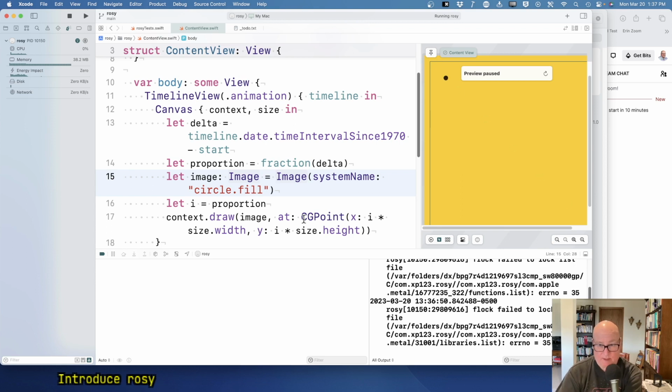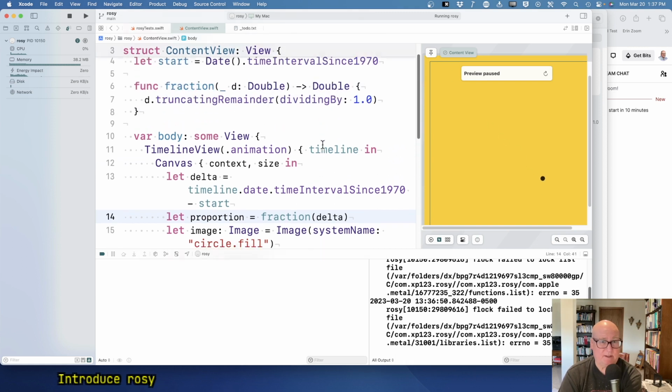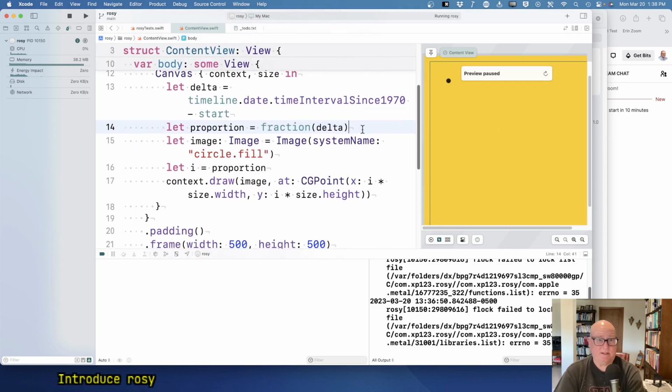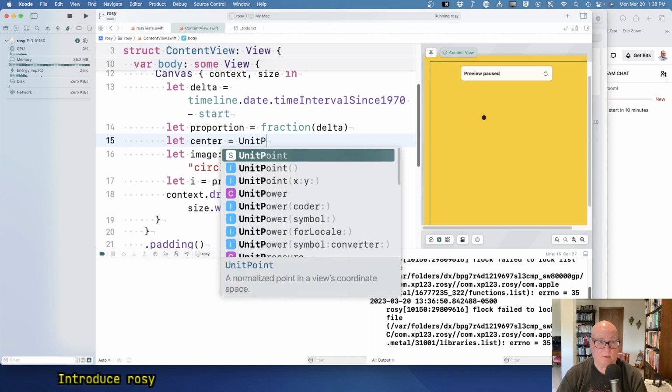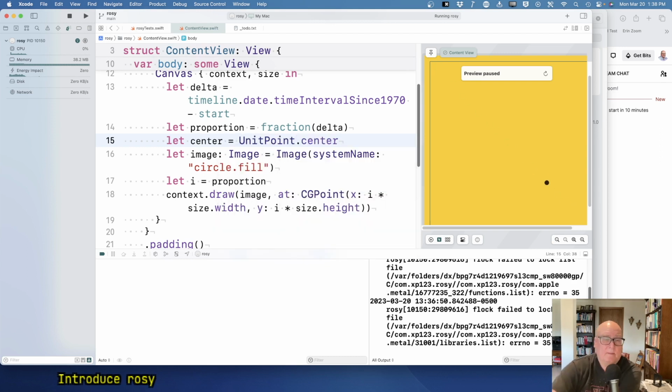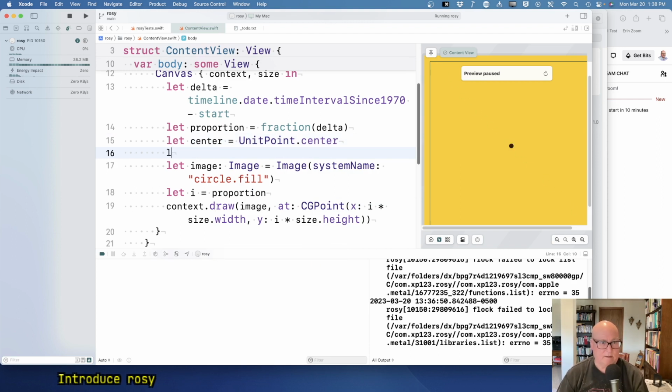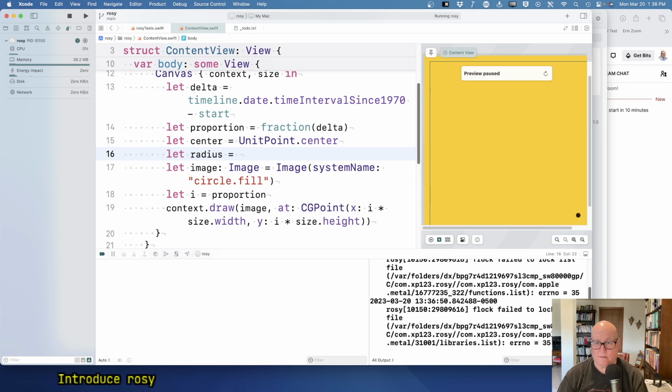So I'm going to assume I'm at the center. And the nice thing about this unit point idea is I can talk about the center very easily. Okay, so let center equal unit point dot center. All right, and let radius equal 100.